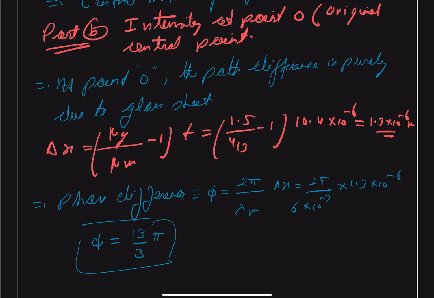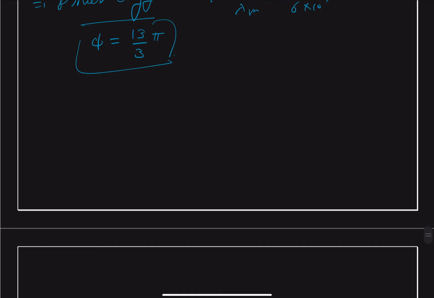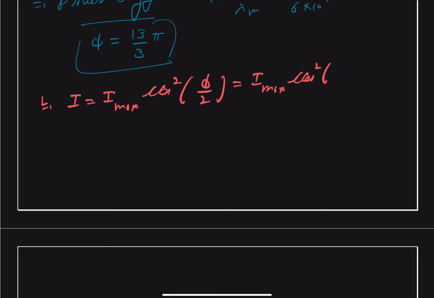And we already know the formula, which is that our I is equal to our I max cos square of phi by 2. So we get this as our I max cos square. Phi we just found out is 13 pi by 3.